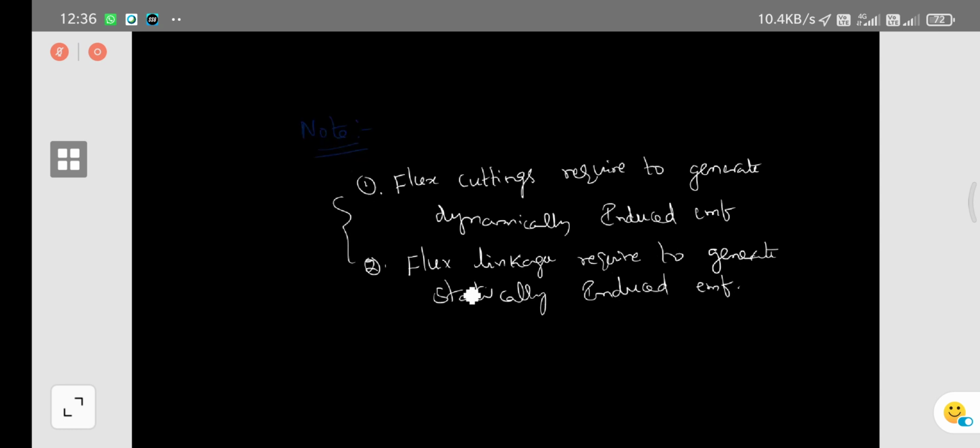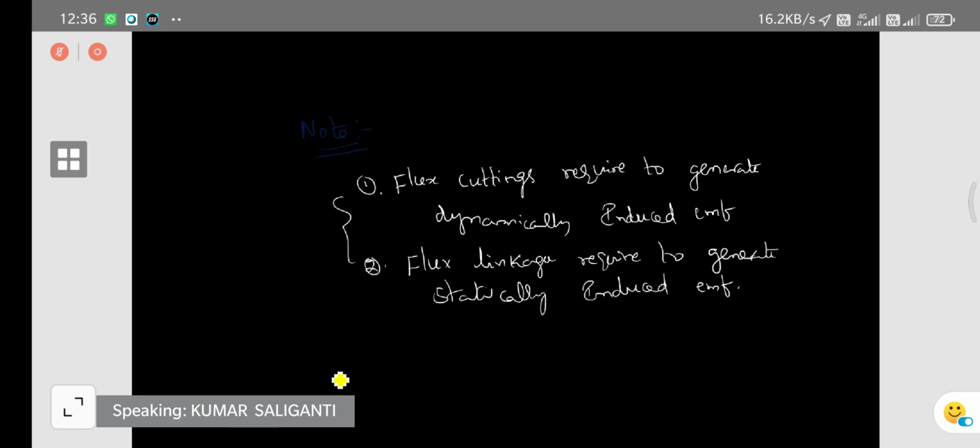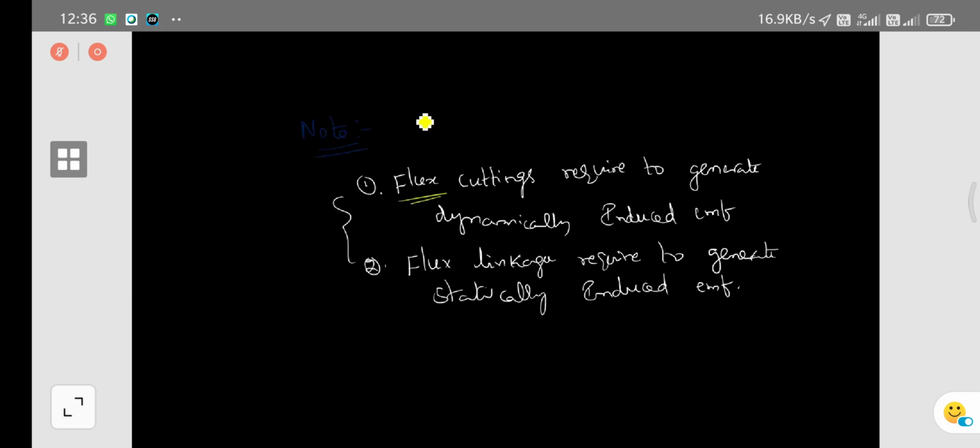These two points are most important, because in order to get the induced EMF we have a conductor, the armature conductor, and a magnetic field. These are the two: magnetic field and armature conductor.